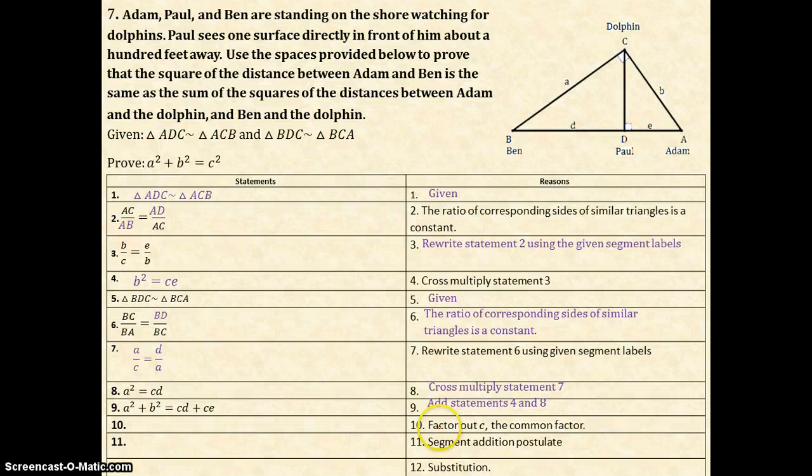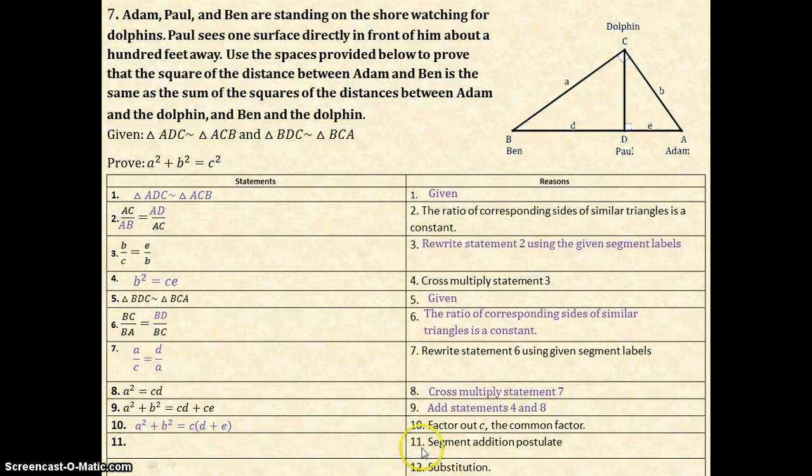Then our reason for step 10 is factoring out c. Well, here is c. So if I factor out c, I would have d plus e left in parentheses. So lo and behold, statement number 10.